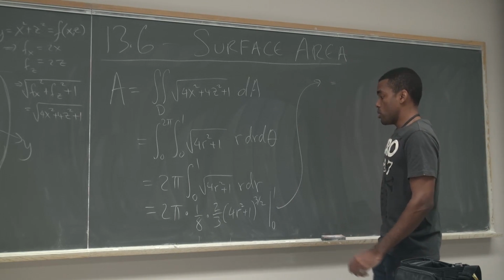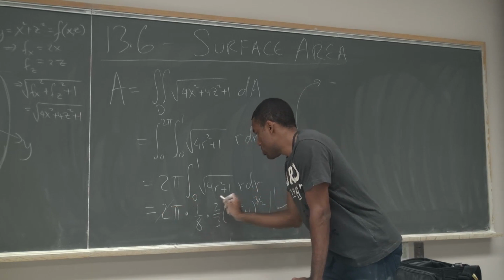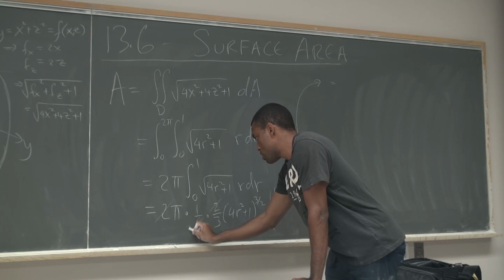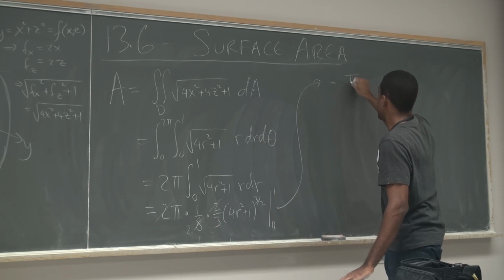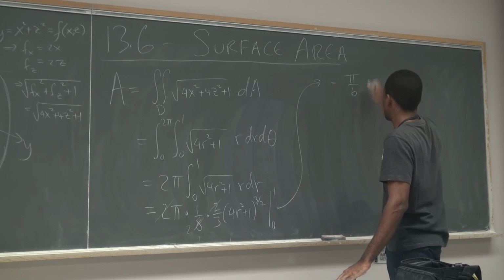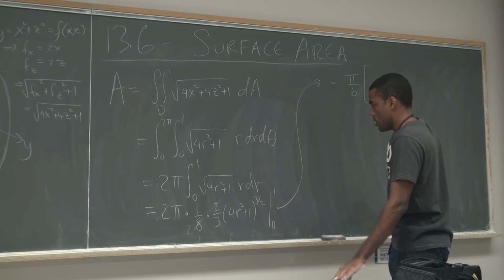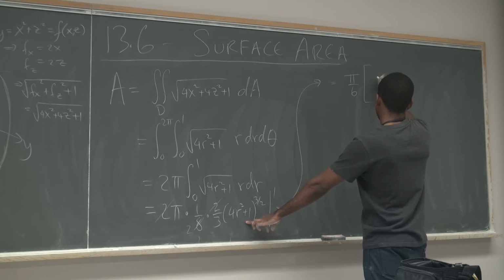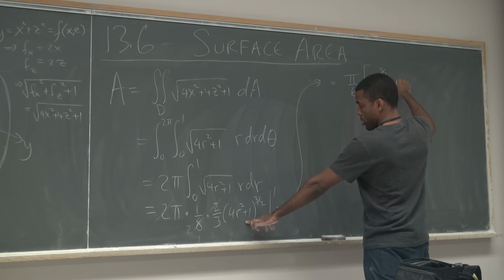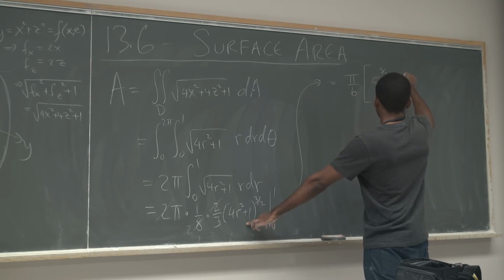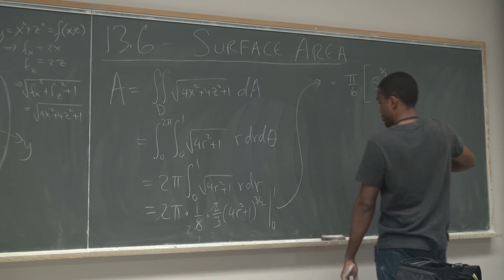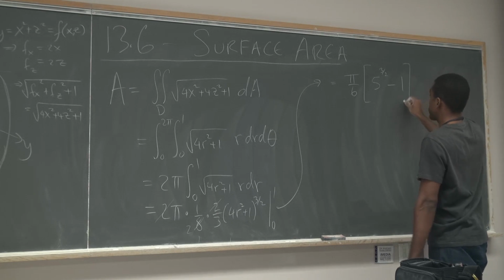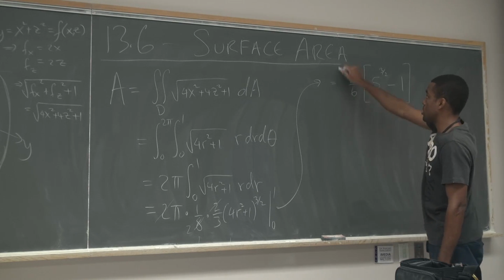Which is going to be equal to 2 times 2 is 4, goes into this 2 times, that's going to give me pi over 6 times. If I plug in 1 here, I would get 5 to the 3 over 2, minus, if I plug in 0, I just get 1. So that's going to be the area.